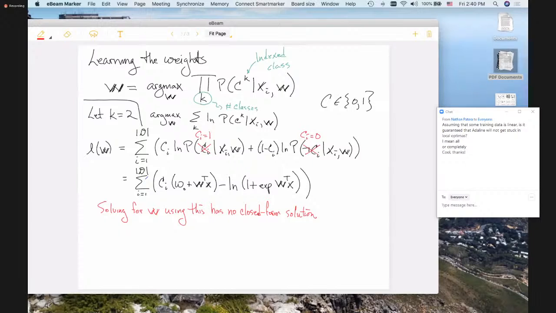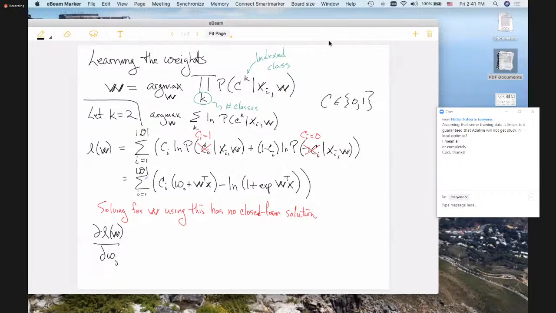So this is why we now have to use gradient descent. And when we do that, and again, I'm going to skip all of the derivation, let's just consider the partial derivative of this likelihood function with respect to one of the weights, Wj. To optimize that, we would be setting it equal to 0 and then trying to find what that derivative is.